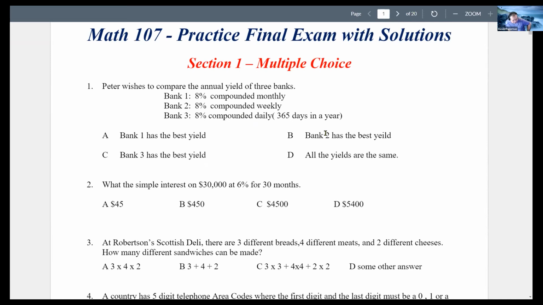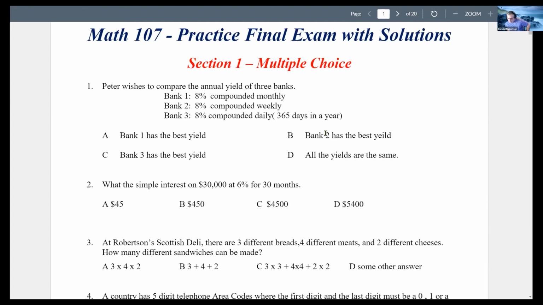One of the things about multiple choice questions is, if it takes you more than 5 minutes to do it, you're doing it wrong. Some of you might say, I know there's a formula for annual yield, and I'll look up that formula, write it down, plug in the numbers, and do it 3 times, and one of them's going to be bigger than the other 2, and that's my answer.